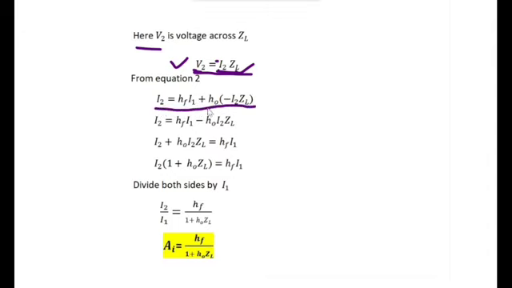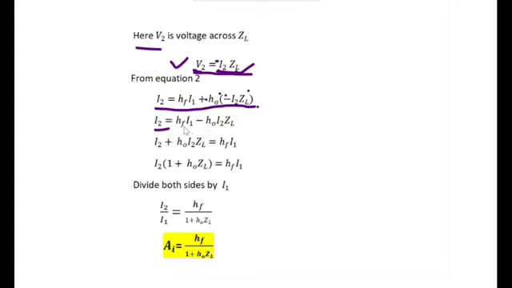If we open the braces, we find I2 is equal to HF into I1 minus HO into I2 into ZL, that is, minus into plus is minus.